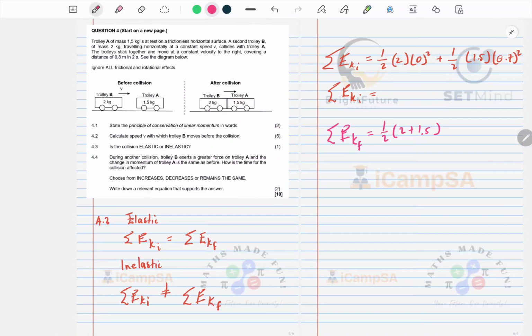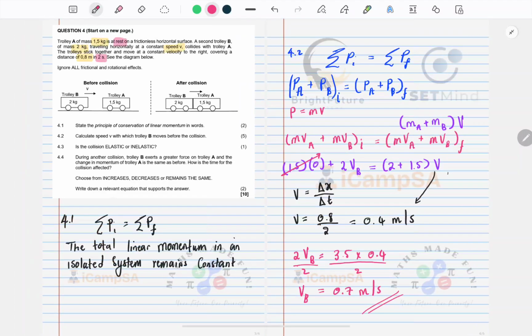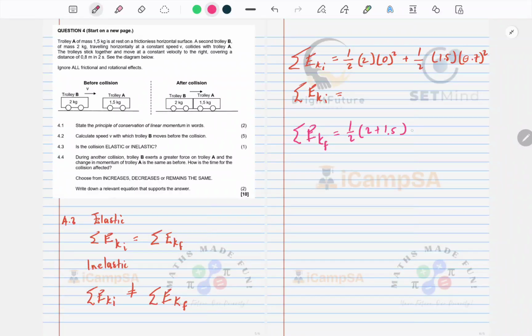What is our V? Actually, this is our V on the other side, 0.4 squared. Then we should have our final kinetic energy here. So let me punch our calculator and see if these are equal.